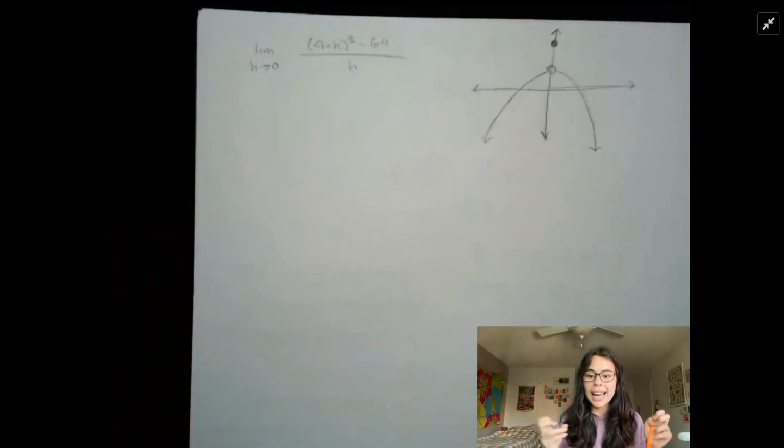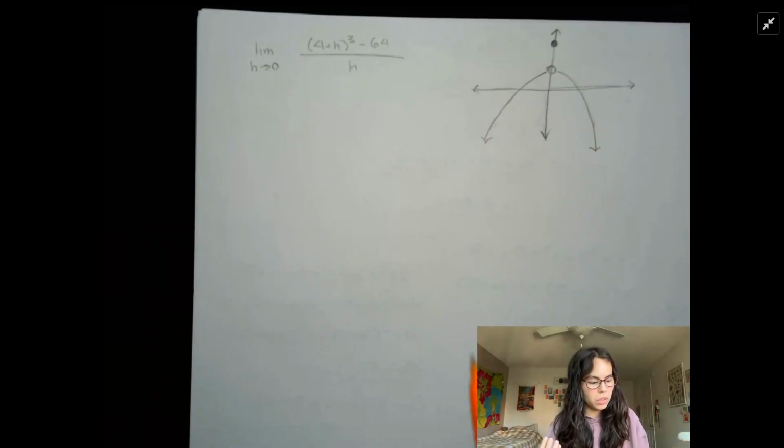In order to guess the limit for this function, we're going to try plugging in values of x, or in this case, h, that are closer and closer to 0. Those values will get closer and closer to the y value that our limit is at that point. So we're going to be able to find the limit by using this method.